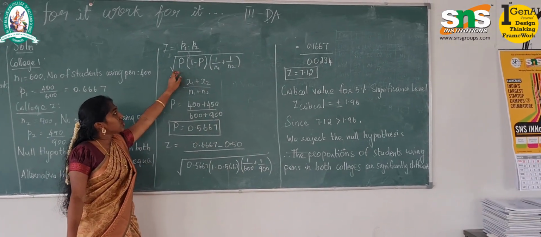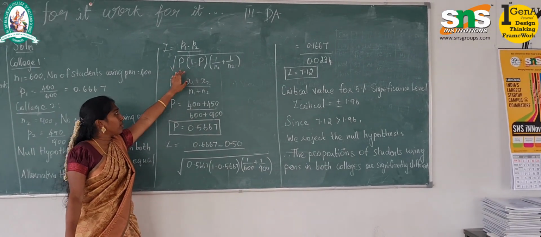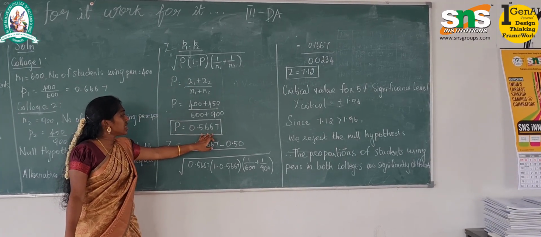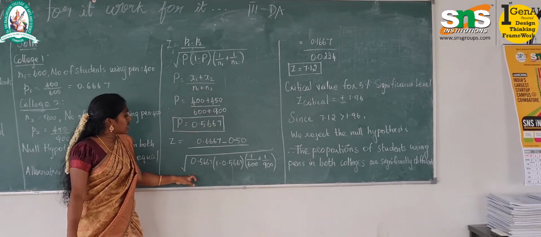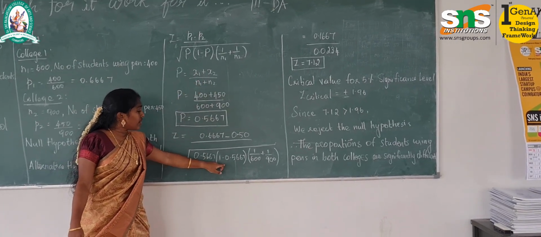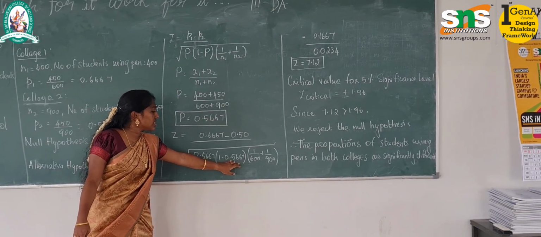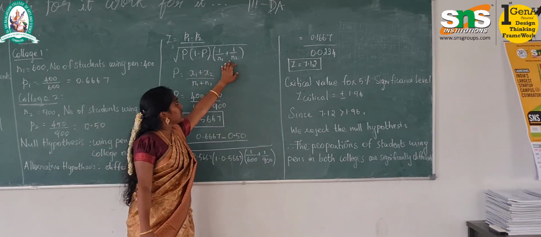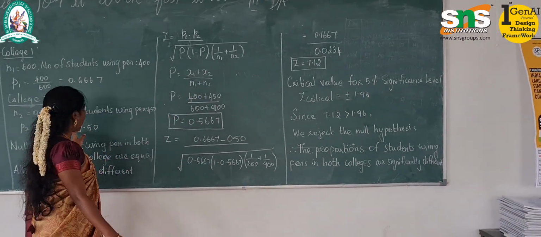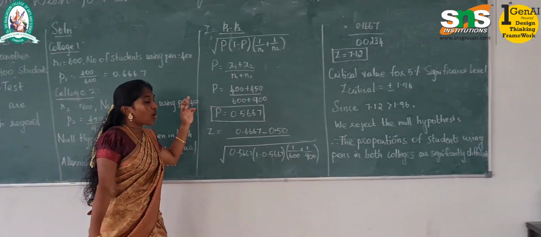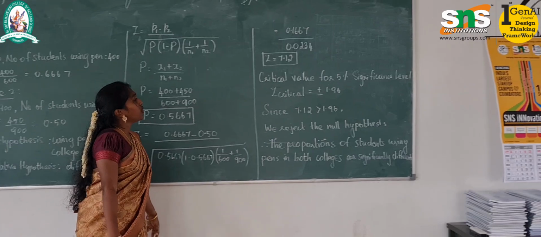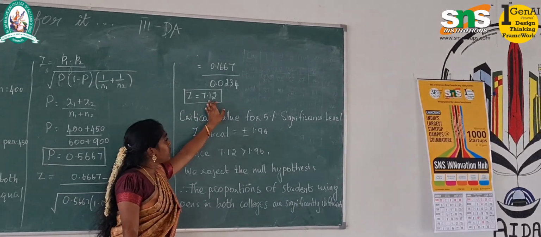Then in the denominator, instead of P, I substitute the value 0.567, and for 1 minus P, 1 minus 0.567, and 1 by N1 plus 1 by N2, where N1 is 600 and N2 is 900. By simplifying this, I get an answer for Z as 7.12.